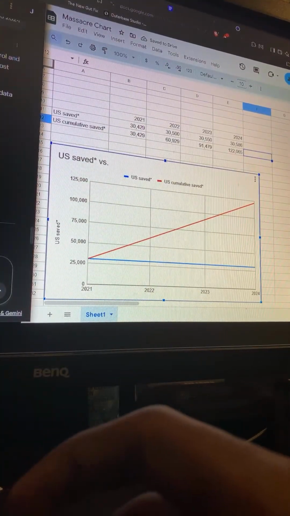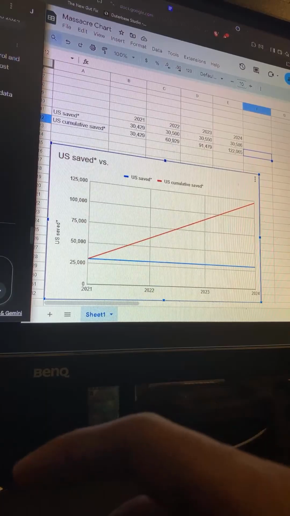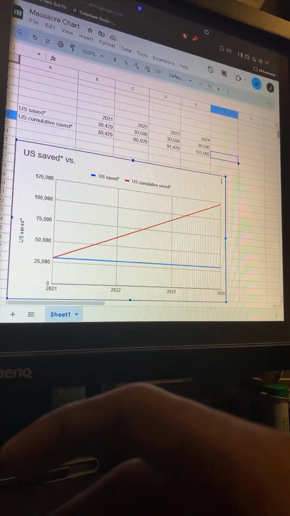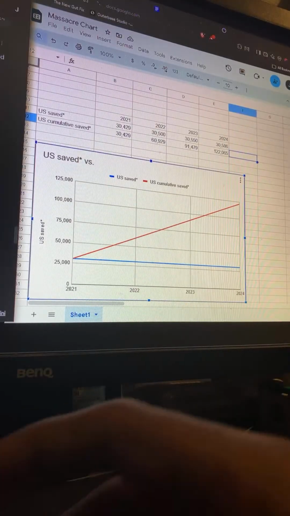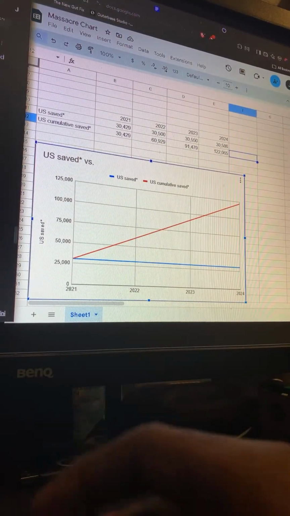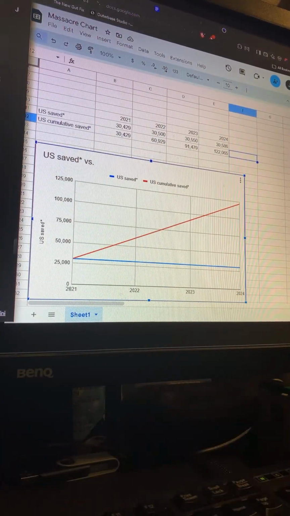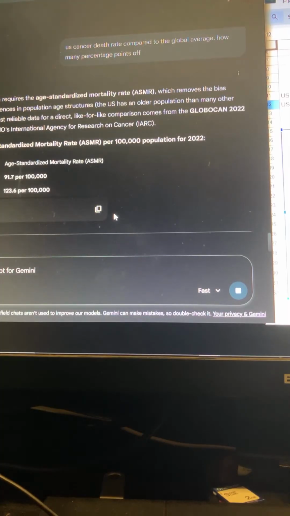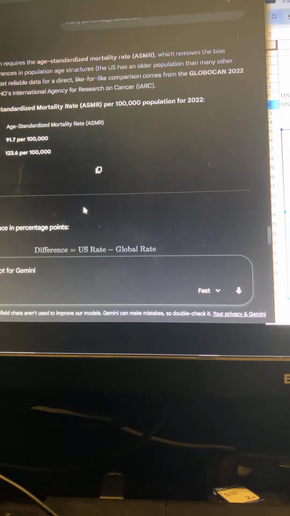Let's see. The U.S. cancer death rate compared to the average. Maybe globally, we might be cutting back on that rate.